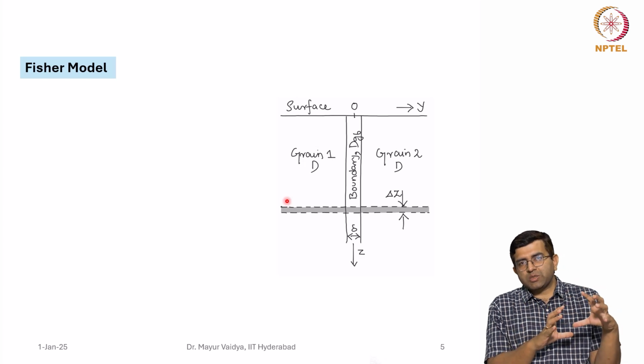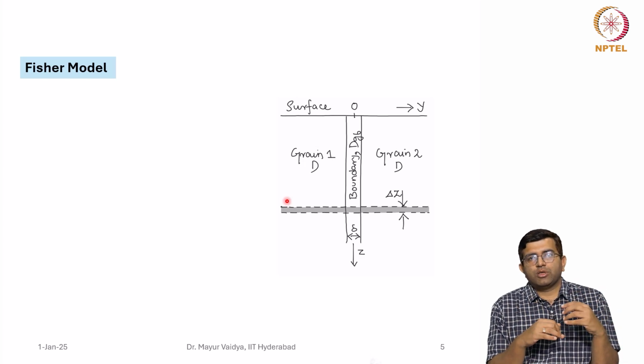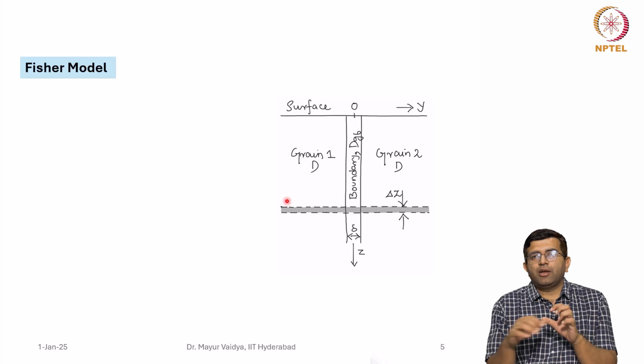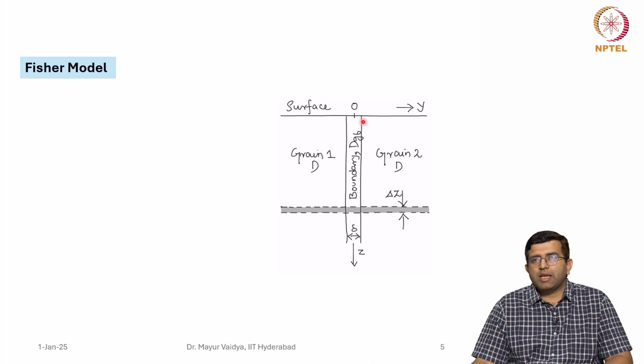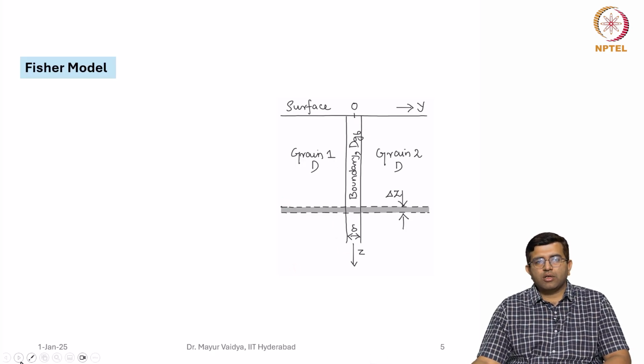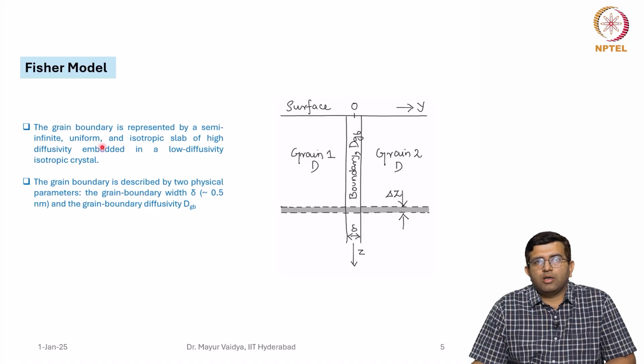The simplest model that was proposed was by Fisher, who said let us assume the grain boundary as a rectangular isotropic slab of high diffusivity embedded in a low diffusivity isotropic crystal.